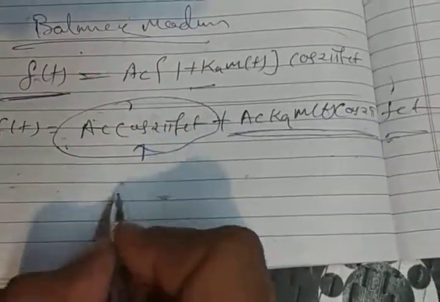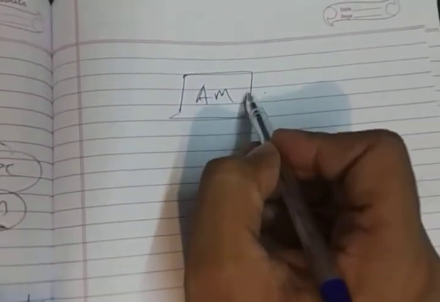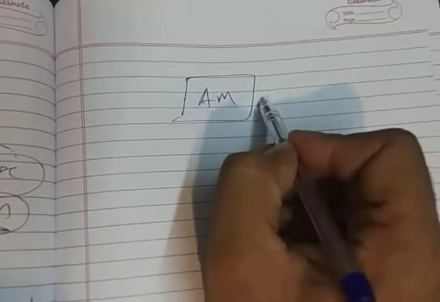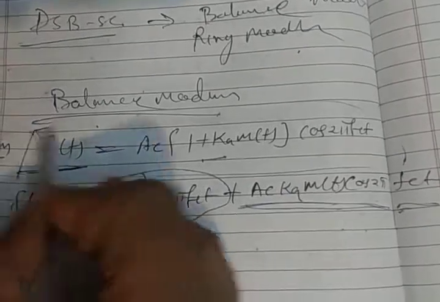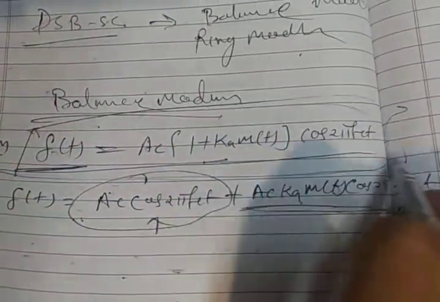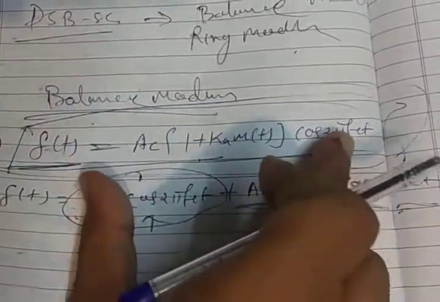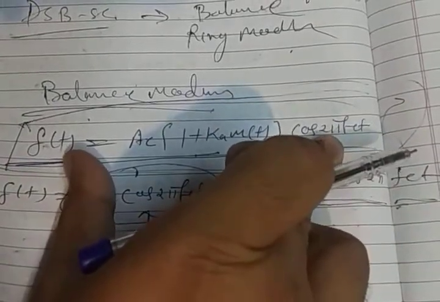So the AM modulator generates this equation of AM signal. In the last video, the square law modulator generated this equation of AM signal.